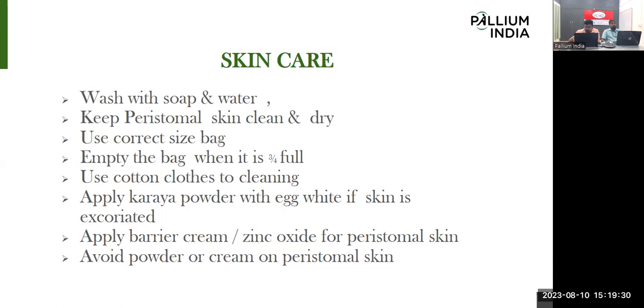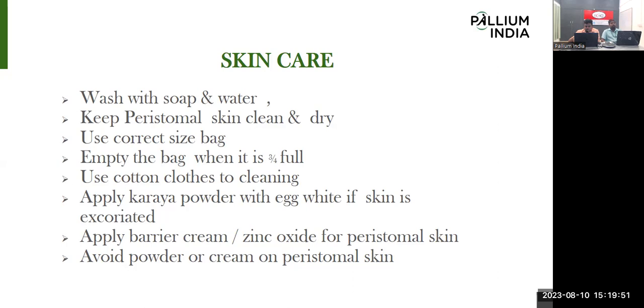Along with the colostomy bag when purchasing, we also get some barrier cream. That can be used to avoid leakage of fecal matter from the stoma and to avoid touching the peristomal region.